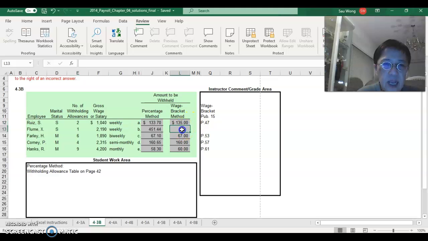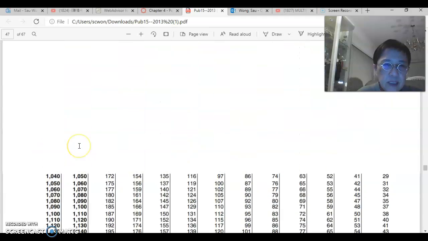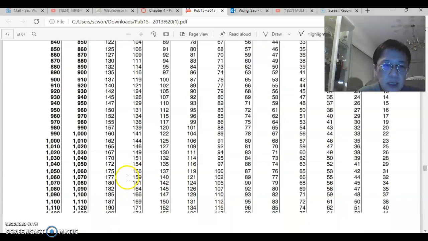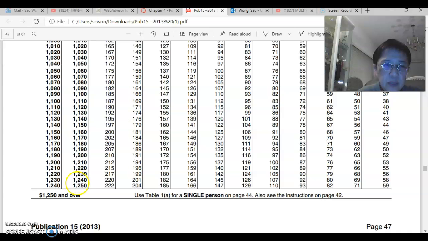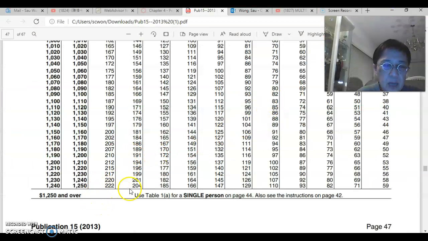135, okay? For the second one, Frim, his weekly pay is 2,190, and he is still single. Let's go back. If you look at this table here, single, and his payment is 2,190, it is above this table.